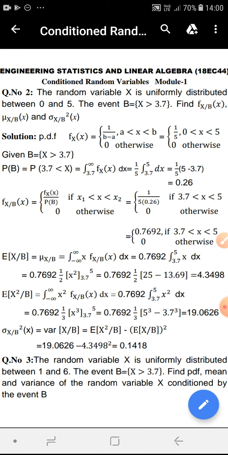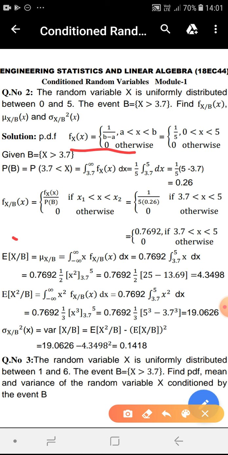So here x is a random variable which is uniformly distributed between 0 and 5. For a uniformly distributed random variable x between a and b, we know that the probability density function or the PDF fx of x is equal to 1 by b minus a for all x values greater than a and less than b, 0 for other x values.